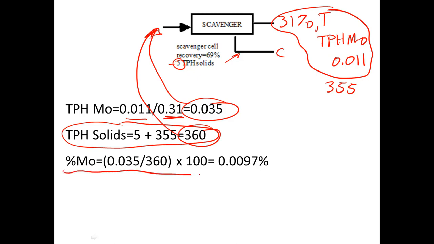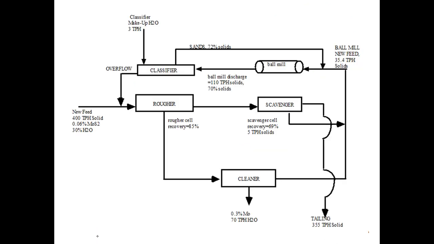So the grade then of molybdenum in that feed is the weight of molybdenum, 0.035, divided by the total solid weight of 360 times 100, or the feed grade into the scavenger cell is 0.0097%. Just checking off the progress we've made.